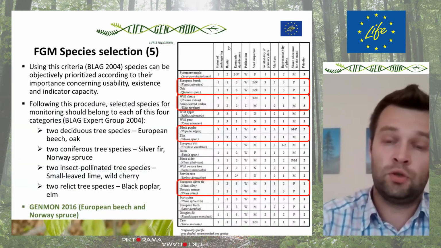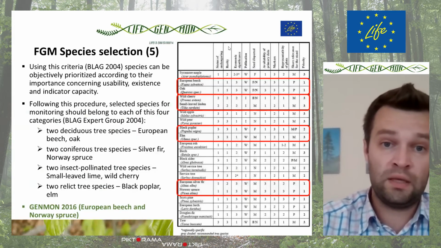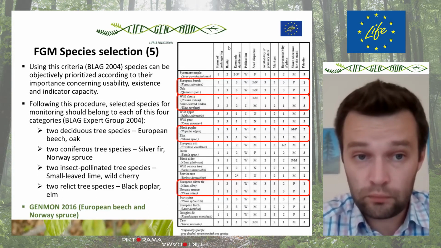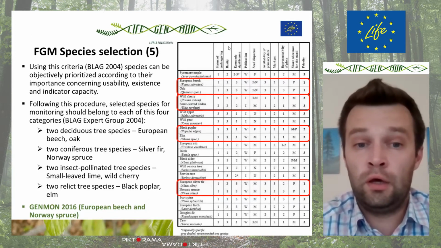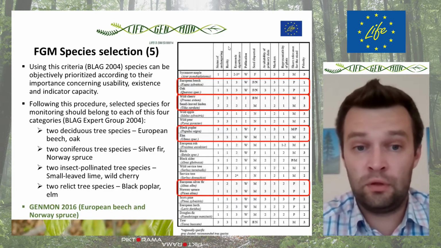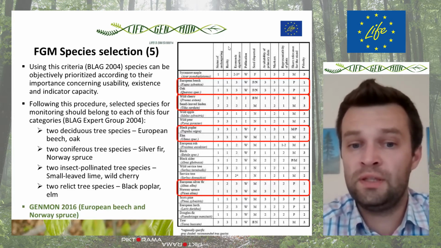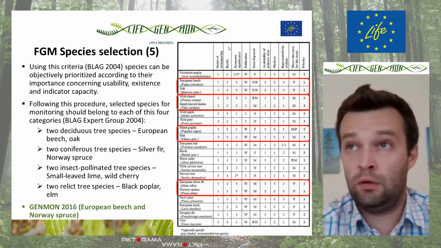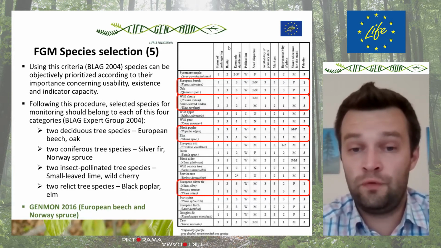So based on this scale, on this prioritization, the German expert group selected 4 groups of trees: 2 dioecious tree species, 2 coniferous tree species, 2 insect-pollinated tree species, and 2 relic tree species, and concluded that those species should be used for genetic monitoring.